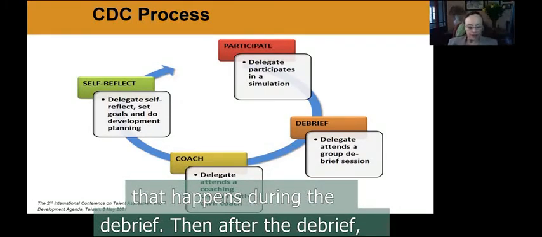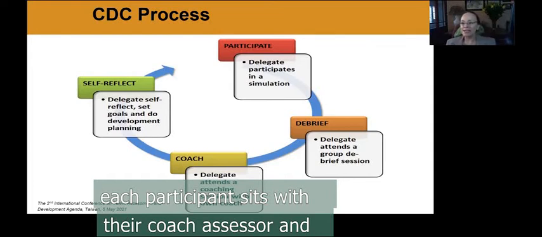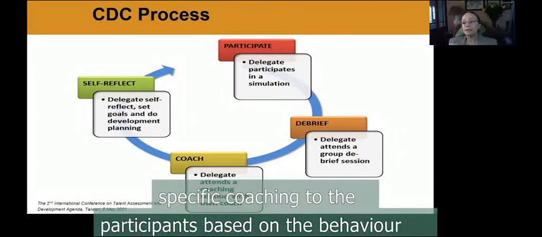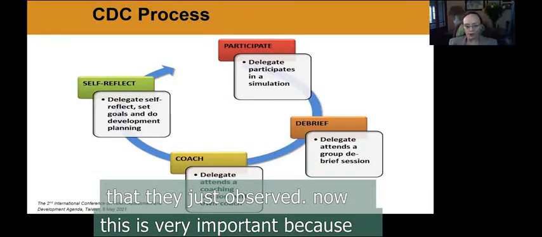Then after the debrief, each participant sits with their coach assessor, and the coach assessor provides very specific feedback and very specific coaching to the participant based on the behavior that they've just observed.